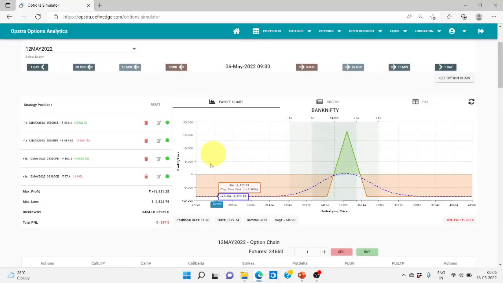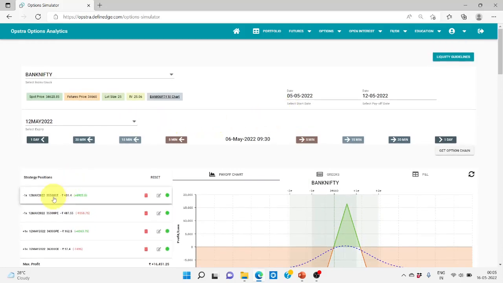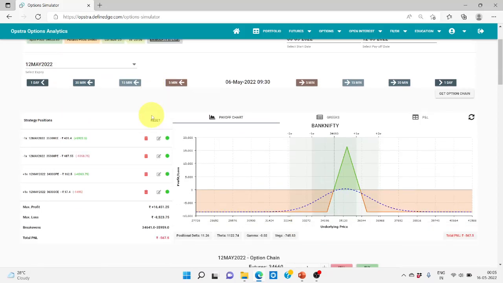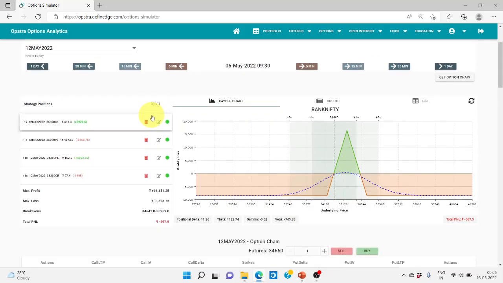The maximum loss is 8,500, but even after making a very big move, we have sold 35,300 ATM call and put options, and the market has moved almost 700 points in a span of 45 minutes. That is next day opening, it was a big gap down.